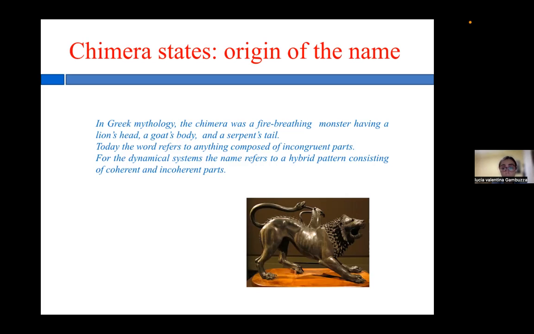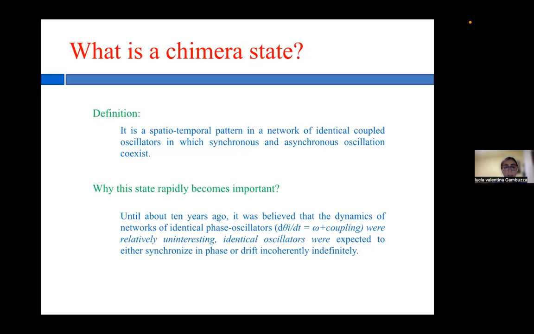So we have some nodes which follow the same behavior, individuals which have the same opinion, and the other part of the network is incoherent, so each node has its own opinion, its own behavior.